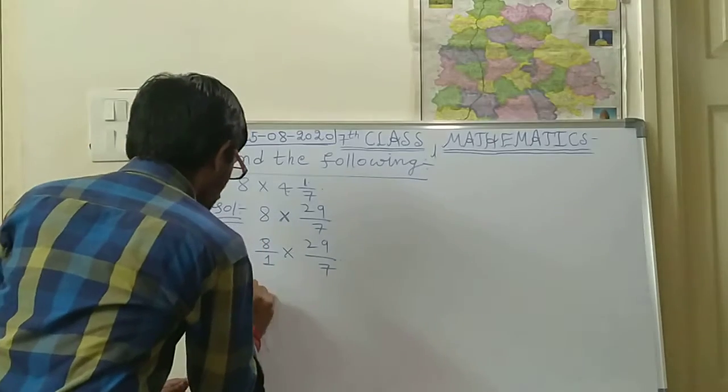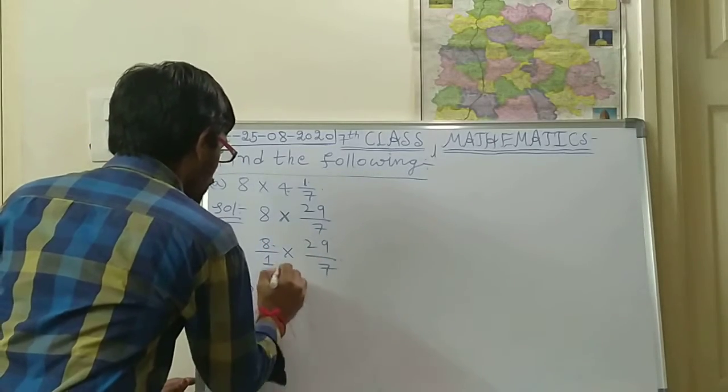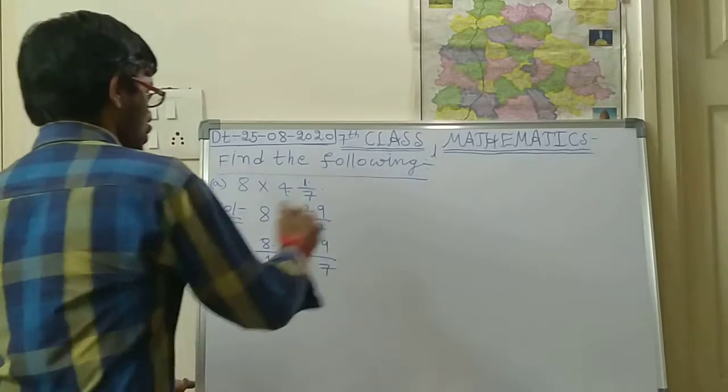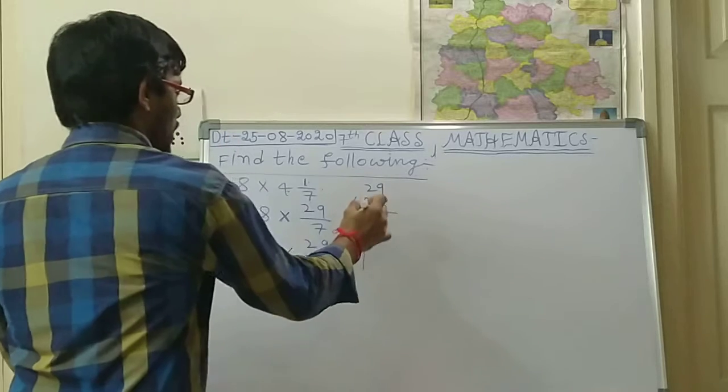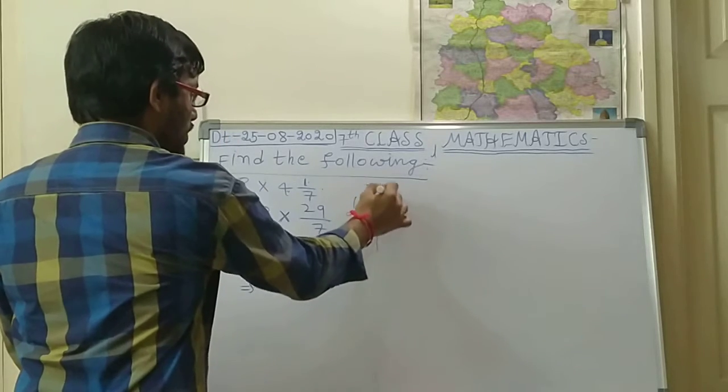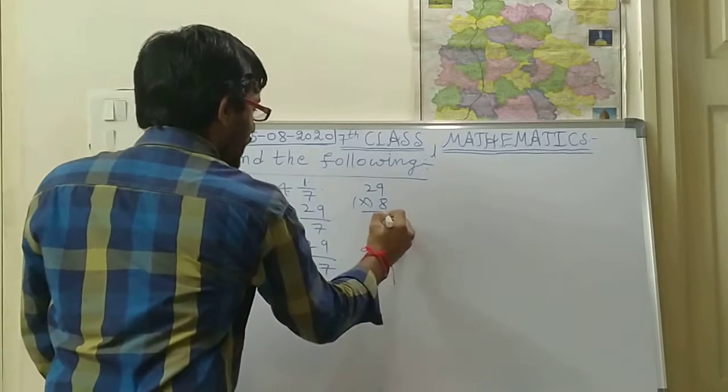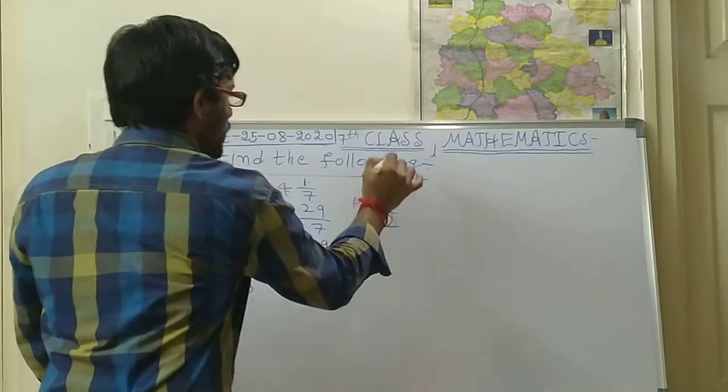So first, 8 into 29. What is 8 into 29? You do it sidewise. 8 nines, what is 9 into 8? 8 nines is 72. 2, and 7 carry this side.